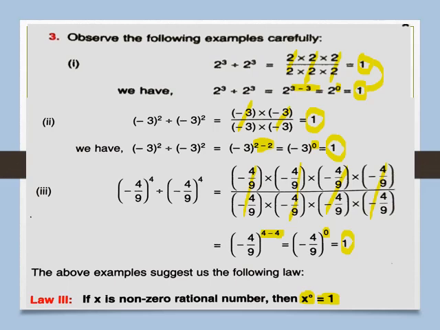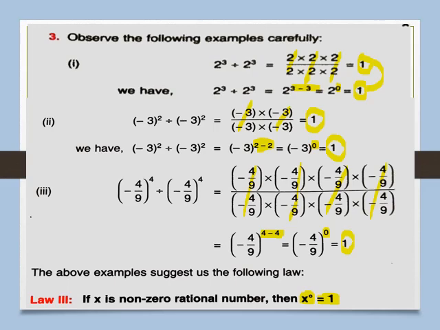According to the law, we have to subtract the powers, so it gives us 3 minus 3. 3 minus 3 equals 0. So 2 raised to 0, the answer is 1. So either you solve it or use the law, you will get the answer 1. So from this what can we conclude? If any number has the power 0, its value is not 0.